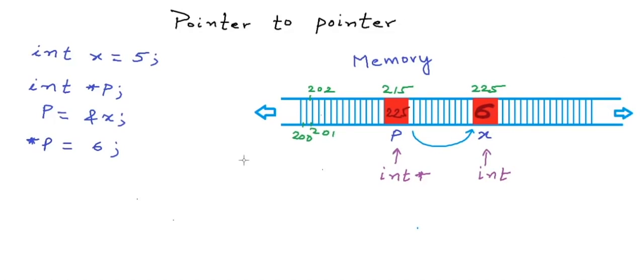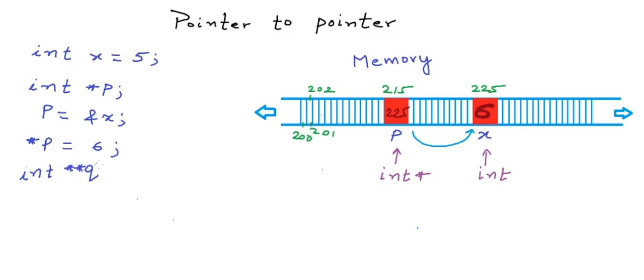Now can I create a pointer to this variable p, which itself is a pointer to integer? Well, yes, we can do so. Let's say we want to create a variable named q that will store the address of p. Now what will be the type of this variable? We need a pointer of a particular type to store the address of a particular type of variable. So to store a pointer to integer, we will have to say that we want a pointer to pointer.